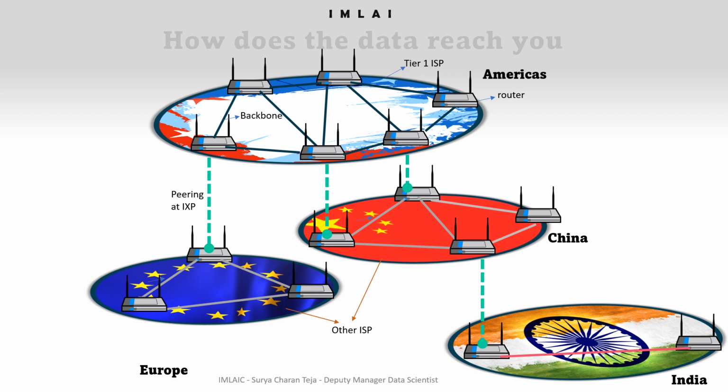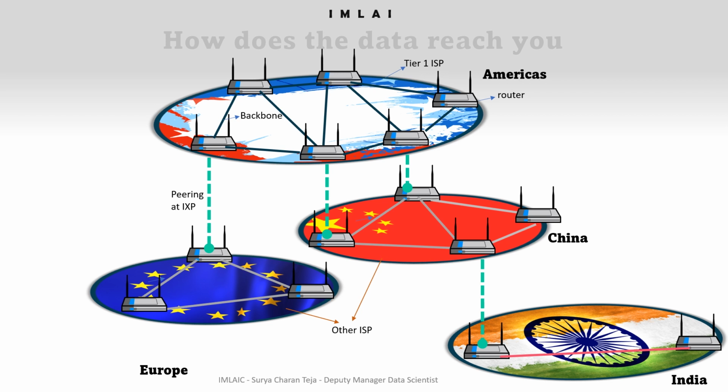That is the reason we connect one network to another through peering at IXP, peering at internet exchange point. So each subnet or each network will be connected through this. You can see America's network with Europe, America with China, and then China with India.